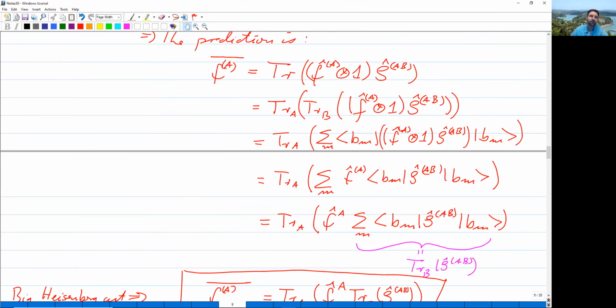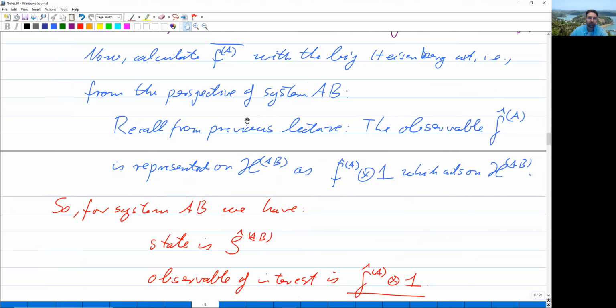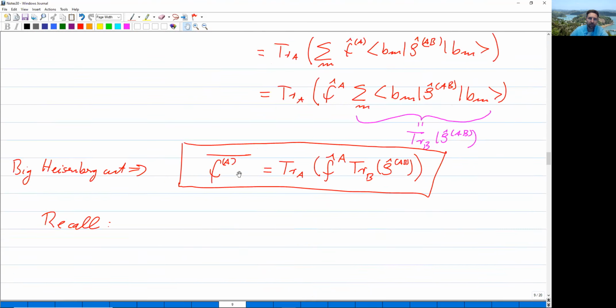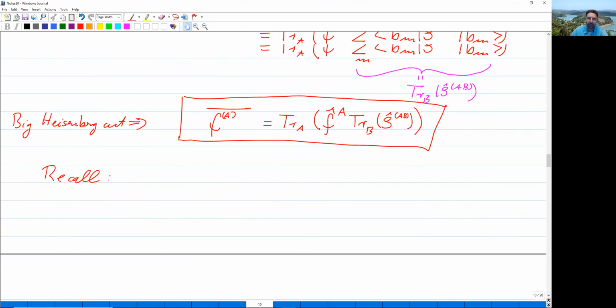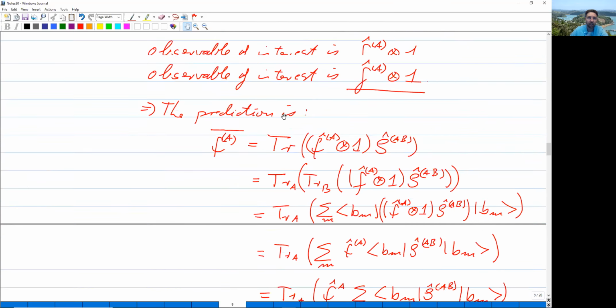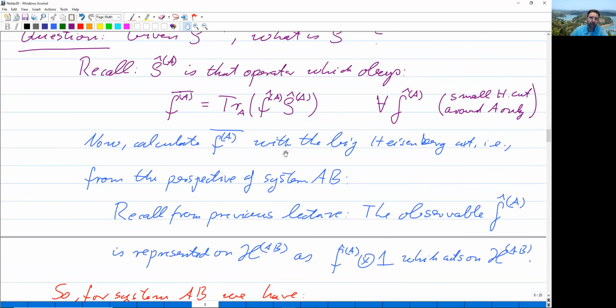And now what do we have here? We have that for all observables, the expectation value can be calculated as the trace over system A. That's what we have here, trace over system A of observable F hat A. We have that here too, observable F hat A. And then this mysterious thing here. This mysterious thing must be rho hat A, right?